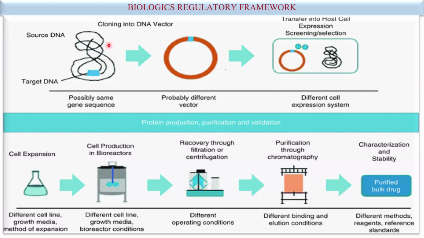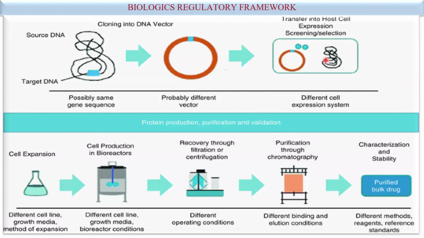We have to isolate the genome containing the gene of interest. Just imagine we want to produce the insulin molecule. We have to identify the genome, target and isolate that gene, cut it, go with recombinant technology and vector construction, and go to the selection of the host cell.